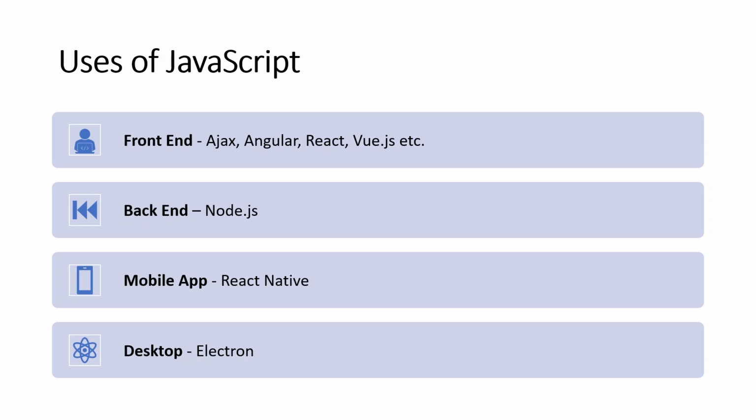So what are the popular frameworks? For the front end, you can use Ajax, Angular, React, Vue.js, etc. React is one of the most popular right now in JavaScript for front end development. Front end means what people see when they go to a website or web application: the designs, buttons.